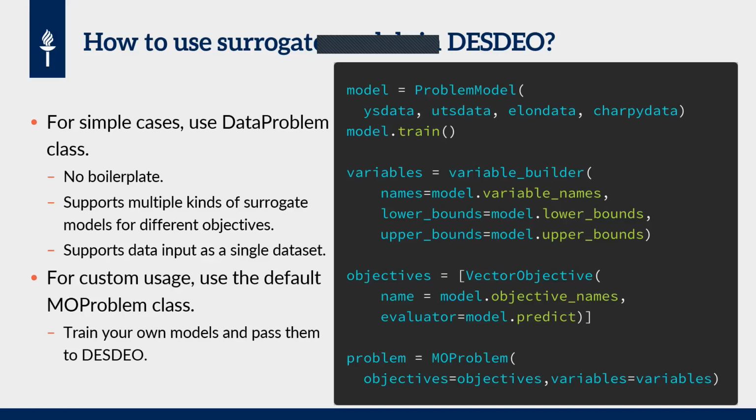I'm still a bit confused about the train. Sorry, I didn't quite get it. Are you familiar with scikit-learn? Not really. I'm new to this field. Okay, so basically that is not related to DESDEO at all. It's a very popular machine learning package.